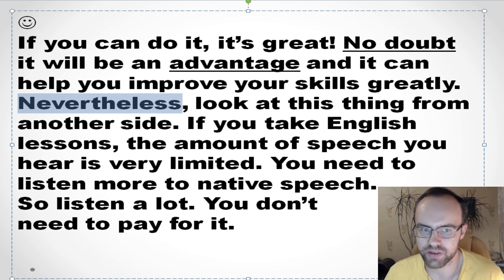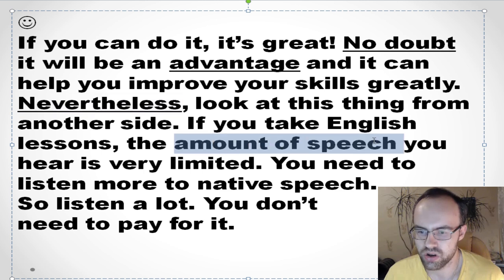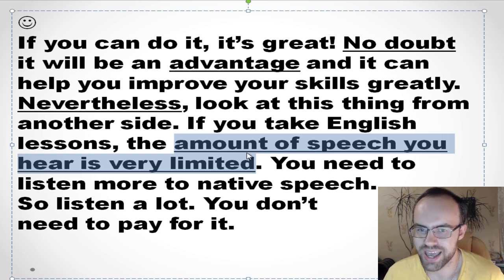Nevertheless, or anyway, look at this thing from another side. There is one more side. If you take English lessons, the amount of speech you hear isn't a lot, it's very limited. You need to listen more to native speech.